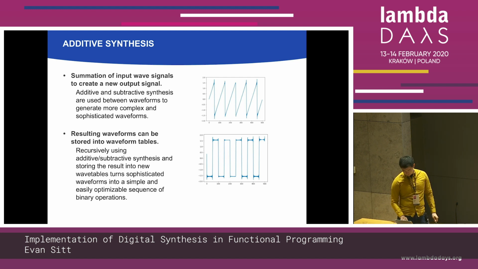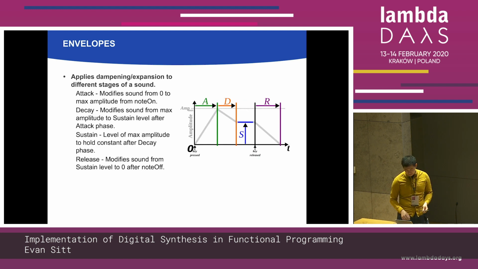Additionally, not only is this very simple, it also makes it easy to optimize, because now you turn all this complicated synthesis, which in C++, I've looked at the algorithms, is a hot mess, but in functional it's really nice because it's literally just addition and subtraction. And now you can optimize it however you like later, or you can just start changing the order of operations, or play with associativity and commutativity if you want to.